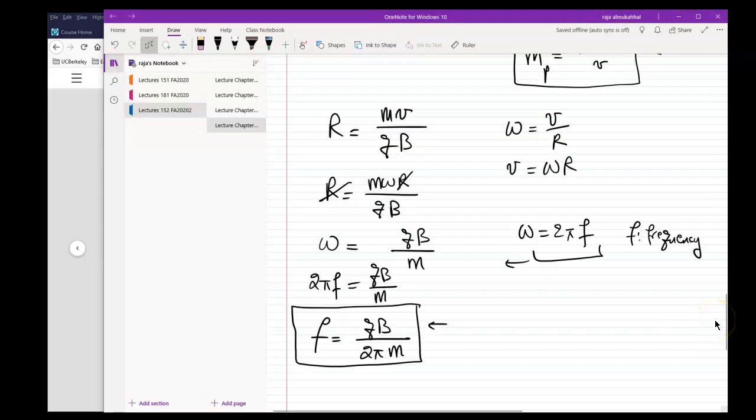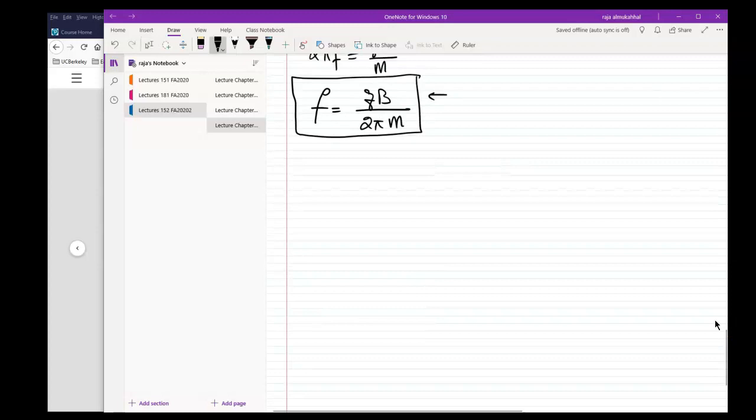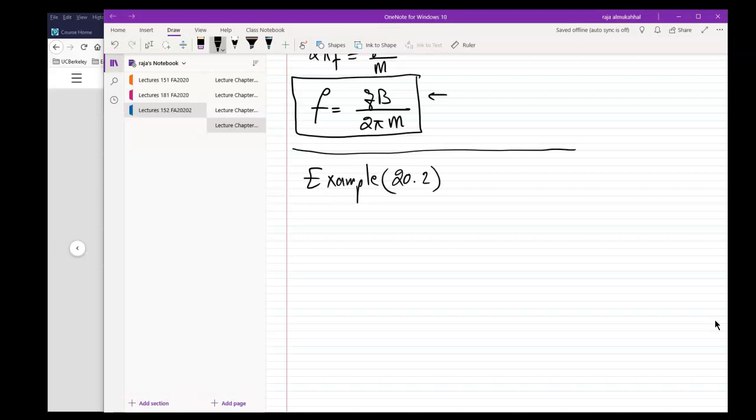Okay, let's work on it. So we have the frequency is 2,450 megahertz, a million hertz.